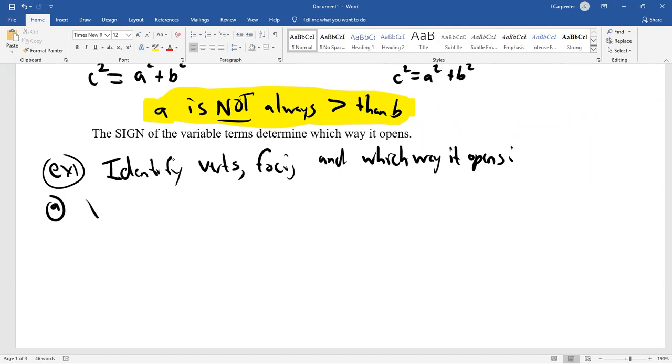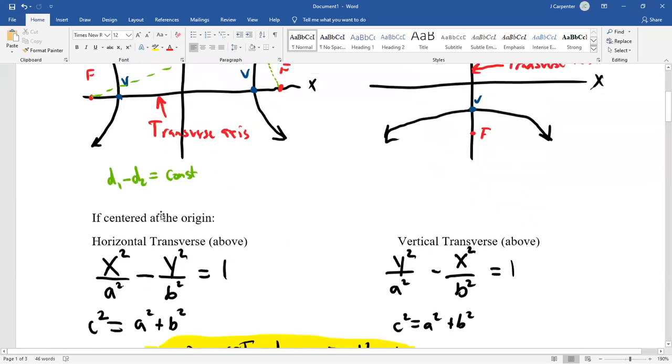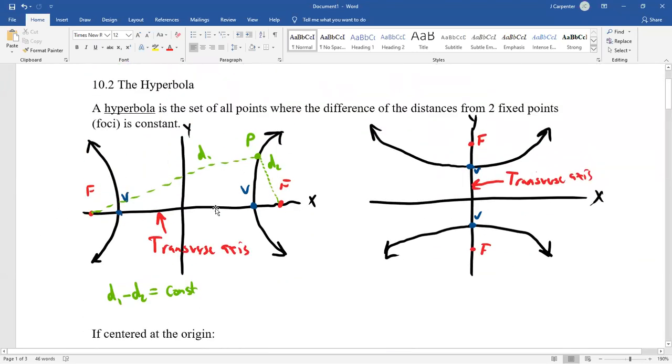For A, we have x squared over 49 minus y squared over 36 equals 1. Now, your vertices and foci still lie at appropriate points based on which way it opens. If the transverse axis is horizontal, then these are always going to be the number comma 0, because you're going to go left or right, but not up or down.